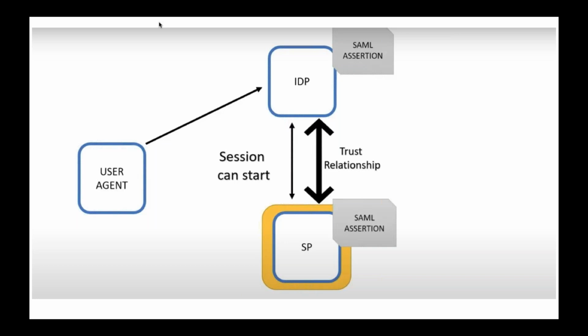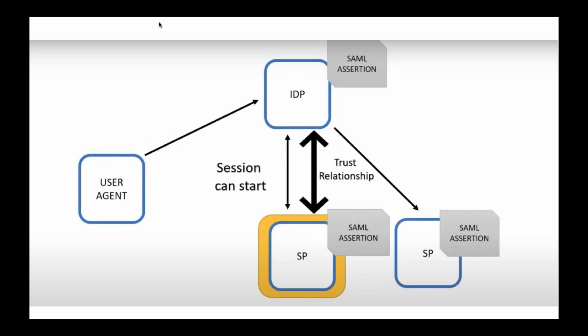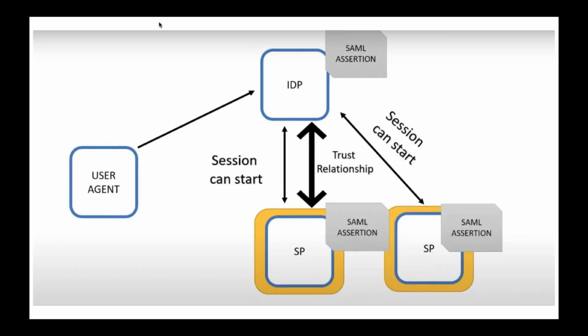When the SAML assertion is generated properly or the relationship is generated properly, the session will automatically start. Whenever a session has started with that application, there is another application we have to log in with. For that, the identity provider sends the SAML assertion again to the second application. The second application also starts a session. Another session is getting started.